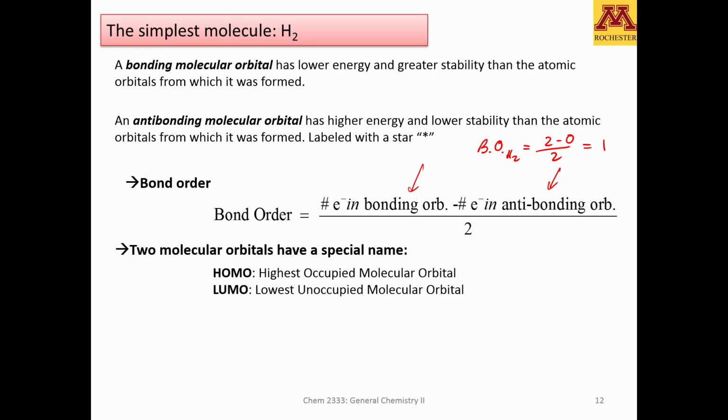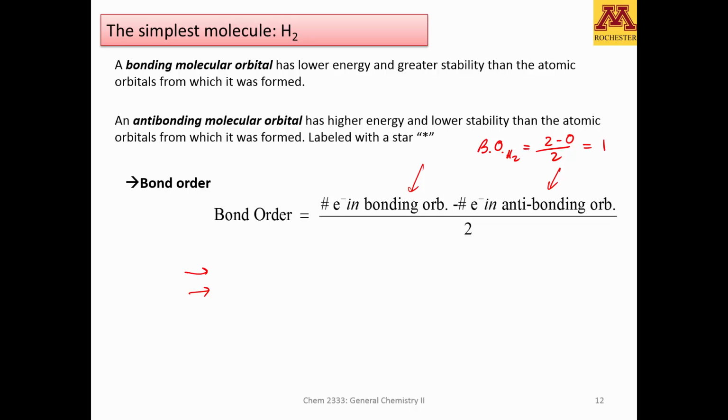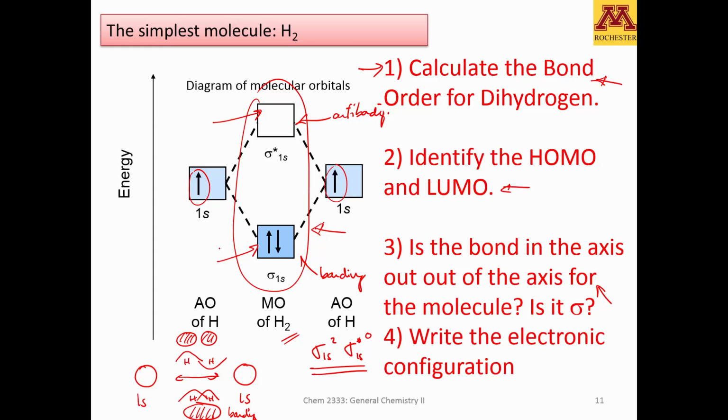Another concept that we were asked about is to identify the HOMO and the LUMO. These are the acronyms for the highest occupied molecular orbital, and the lowest unoccupied molecular orbital. So the highest occupied molecular orbital, this one. There's actually only one occupied, so this is our HOMO. And the LUMO is the lowest unoccupied molecular orbital. This is where the LUMO is.